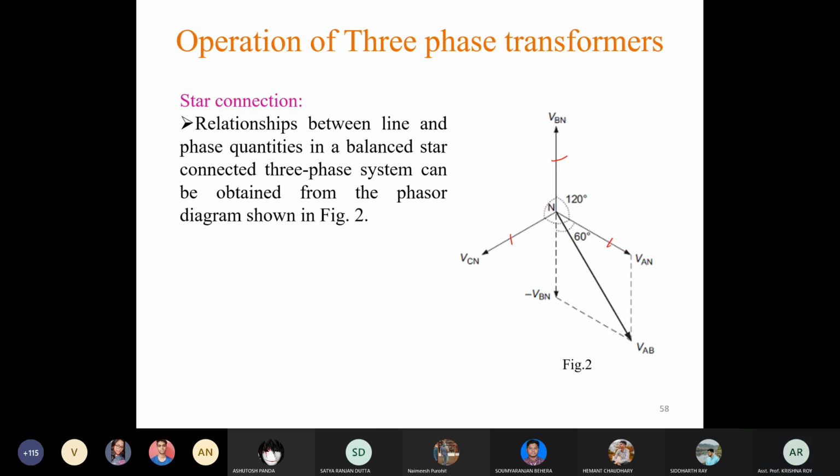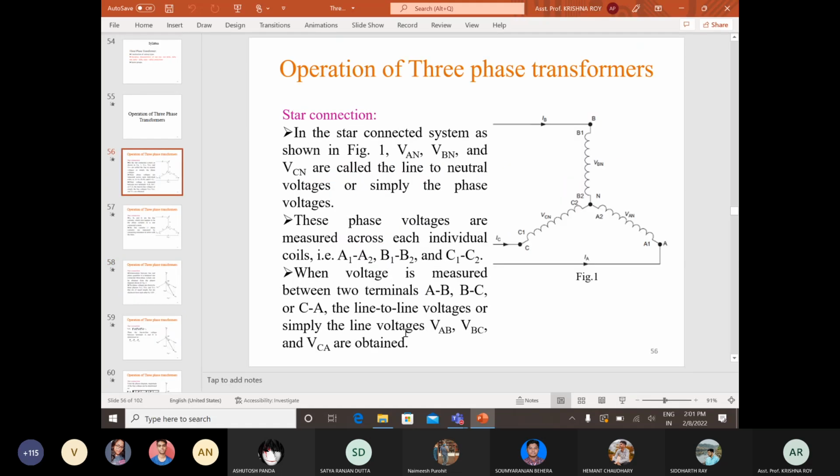This we can write from the connection diagram. Let us consider these two. So this is VAB.